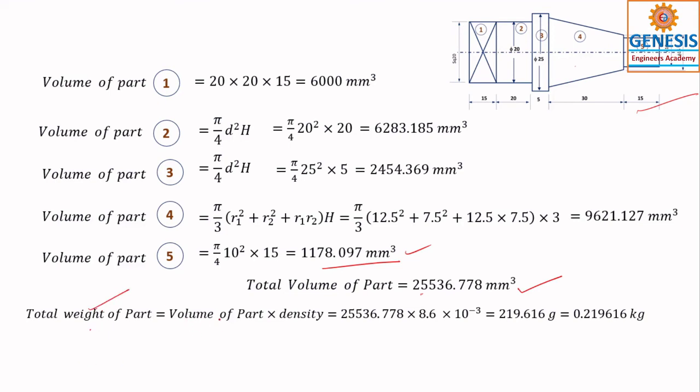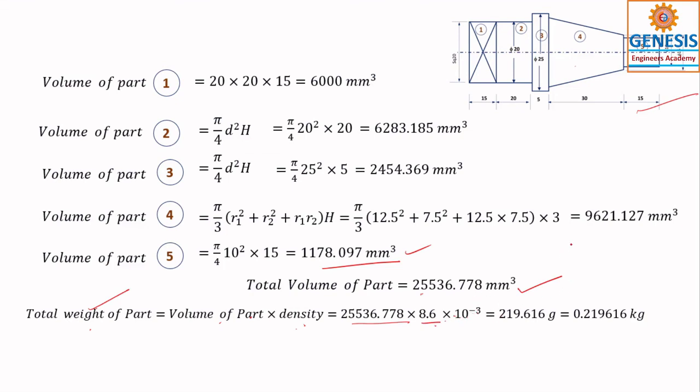Now, the total weight, I should not use that word, but alternatively we use mass. So mass is the volume of the part into density. The volume of the part is this one, and the density is 8.6 into 10 to the power of minus 3. Why have I used this?